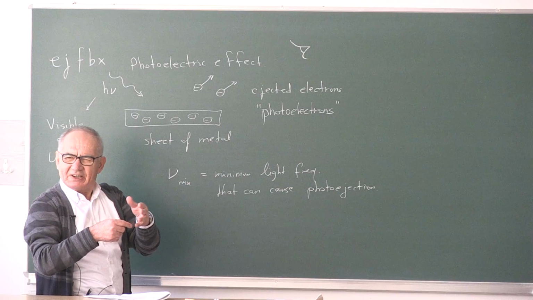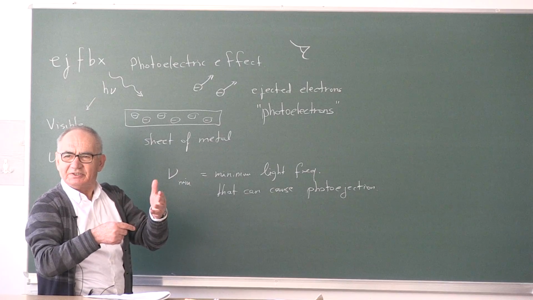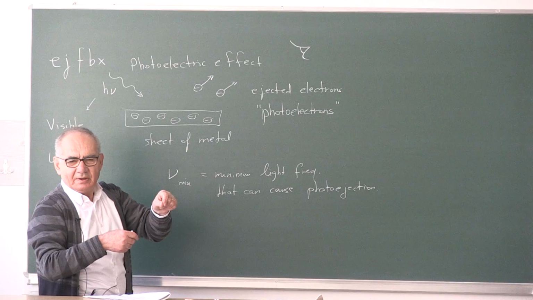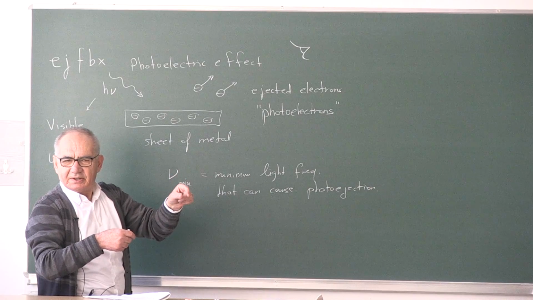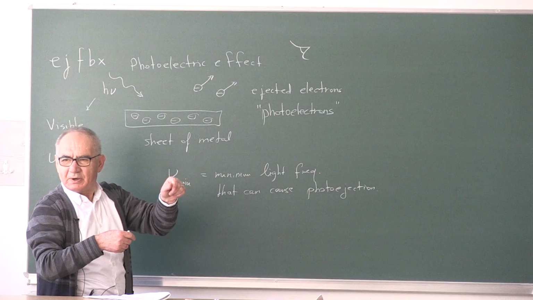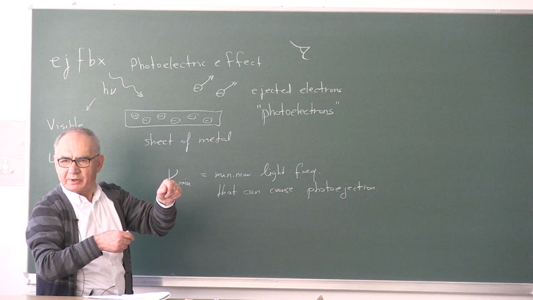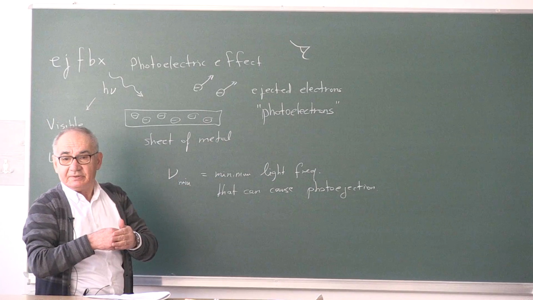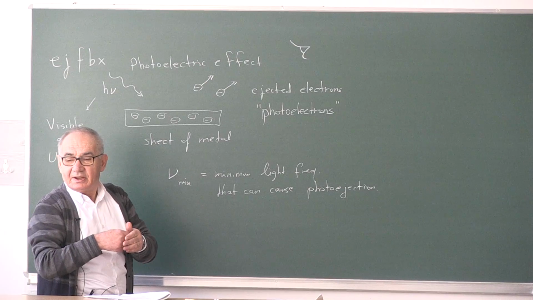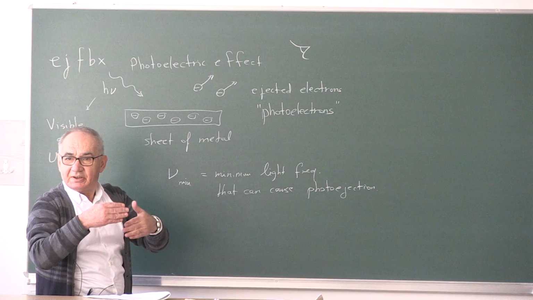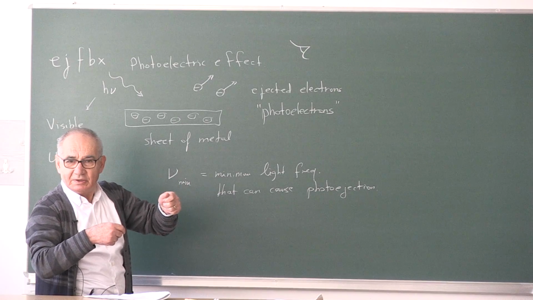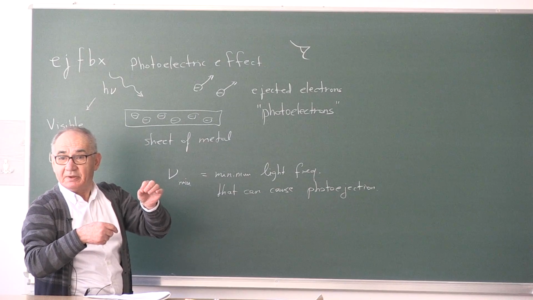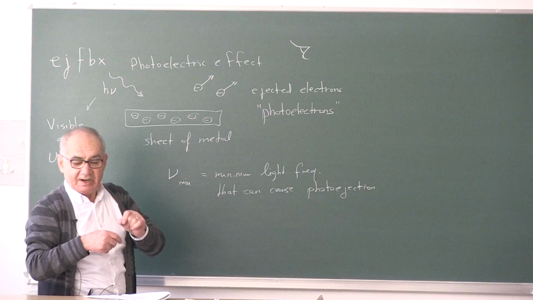Measuring speed is the same thing as measuring kinetic energy of the ejected electrons, because there is a simple relation between speed and kinetic energy. Kinetic energy is equal to 1/2 mass times v square. So you may regard the detecting instrument as measuring the kinetic energy of the ejected electrons and also their numbers, how many are ejected, as a function of frequency. At each frequency, these things will change.